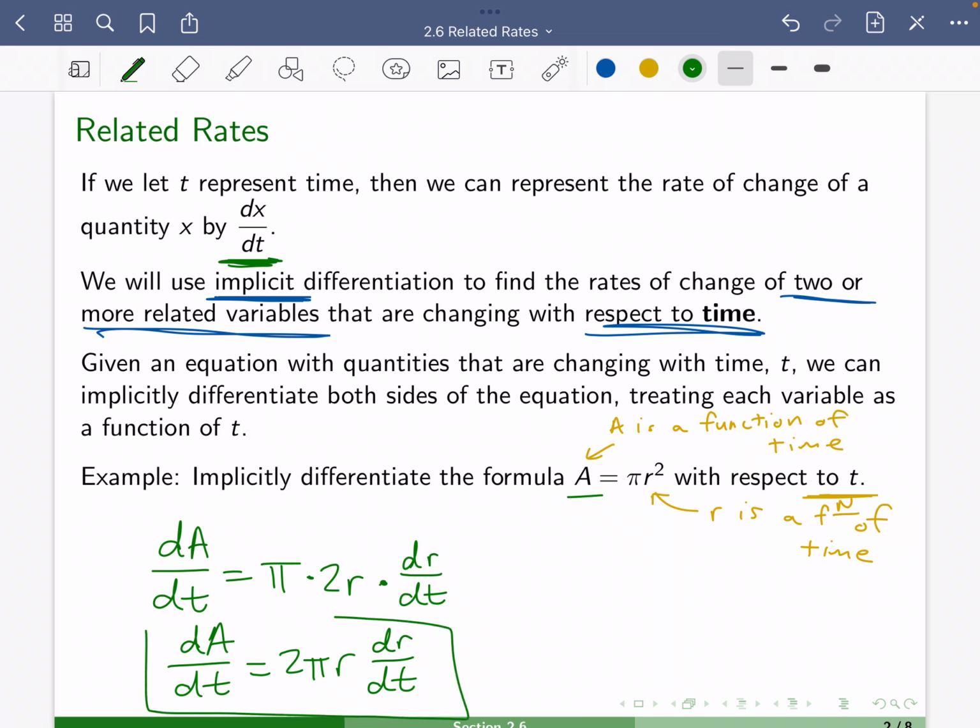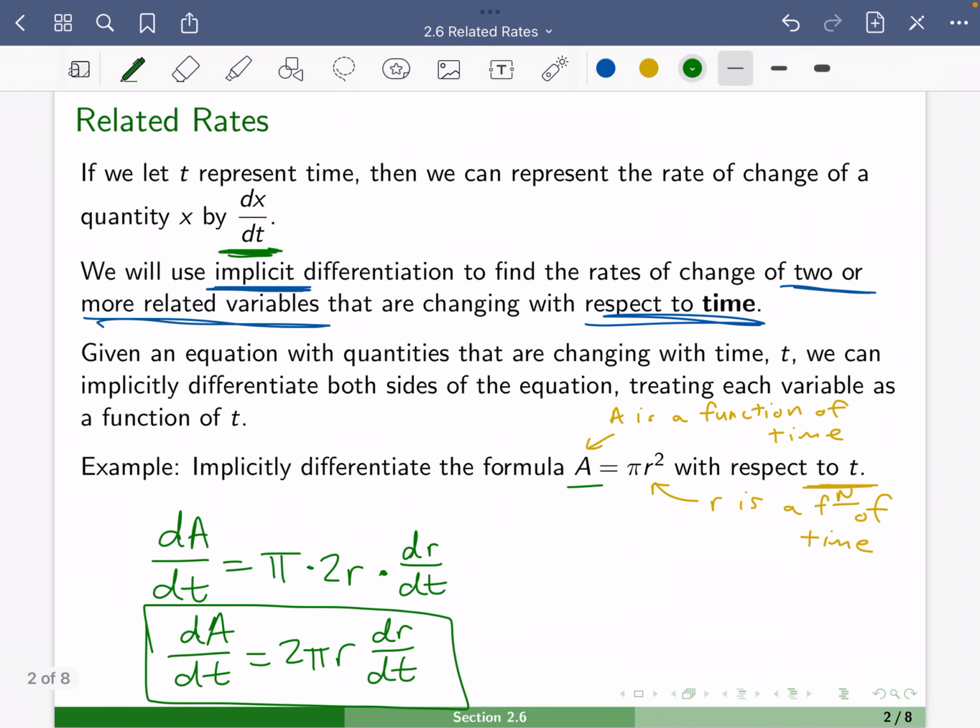That is our implicit derivative. And that's really what we are going to look at on each one of our problems. We're going to come up with that derivative, and then we're going to make some observations.